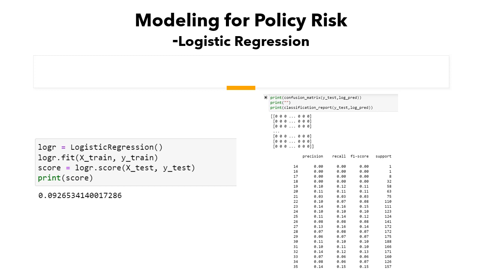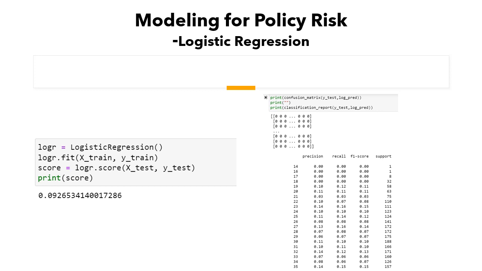And for the last one and the most important one, the modeling for the policy risk, I created logistic regression, decision tree, and random forest models to look at the AP1 for the relationships of the features and tried to predict if this person has more risk.